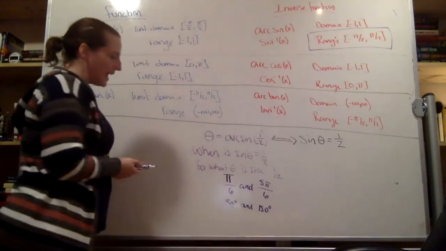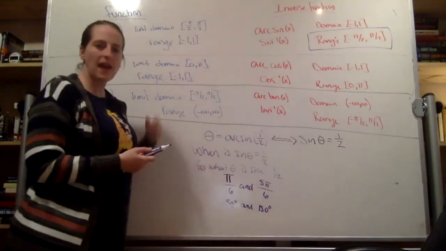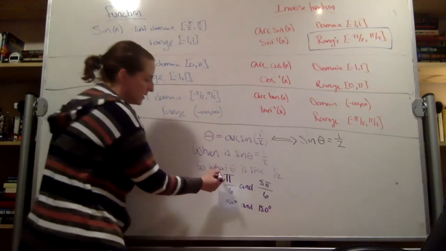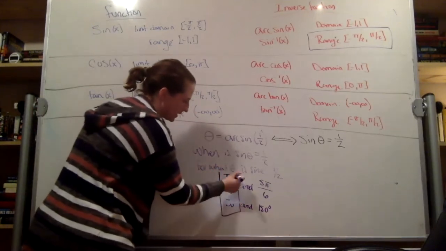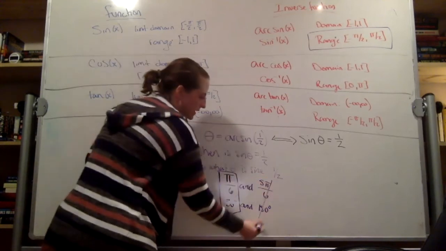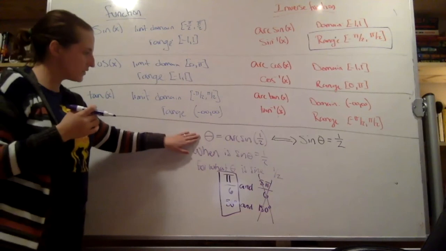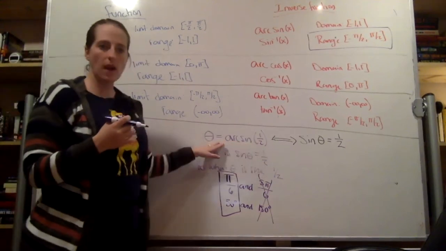Only one of these angles falls inside of that range, and that's the first one, π/6, or 30 degrees. So technically, 5π/6, or 150, does not answer this question because of the way arcsine is defined.